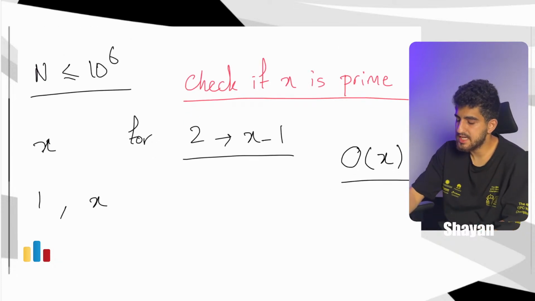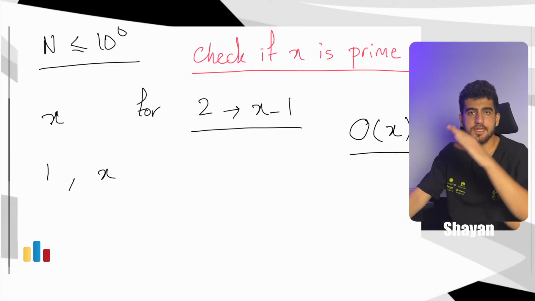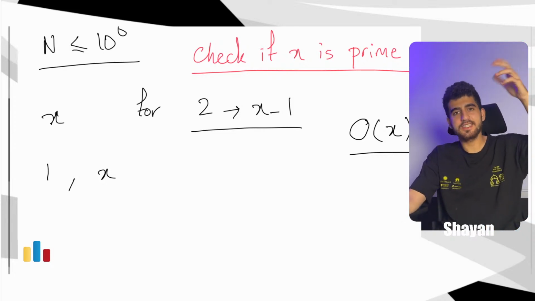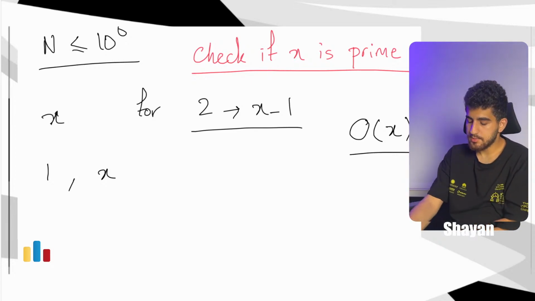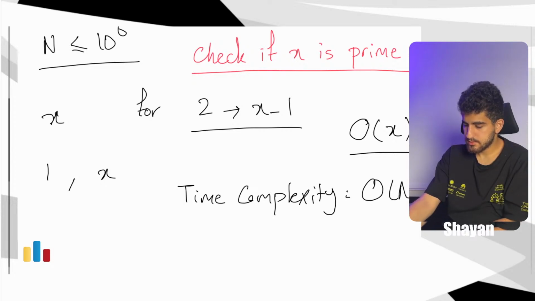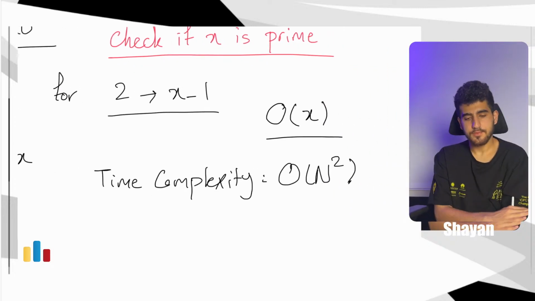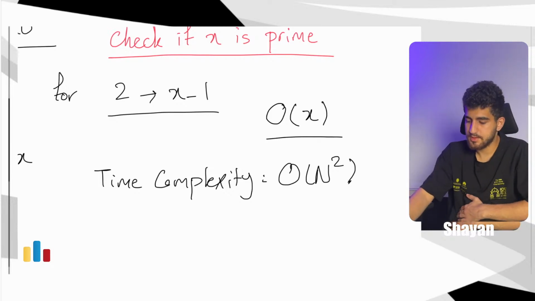One idea is to check each x if it is prime or not, and then we have a for on all the x's from 1 to n, and for each x, again, we have an O of x for to see if it is prime or not. So our time complexity in total is going to be O of n squared. Because we have a for from 1 to n on each x, and then we have a for of O of x to see if that number is prime or not.